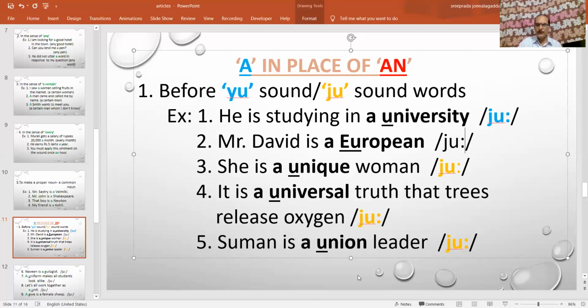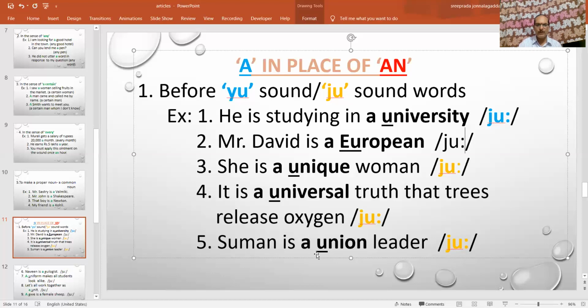Next, a union leader, union. Here also the word union begins with a vowel letter, no doubt. But here the sound of the letter U produces the consonant sound of ya, followed by the long vowel sound U. So this J represents a consonant sound.